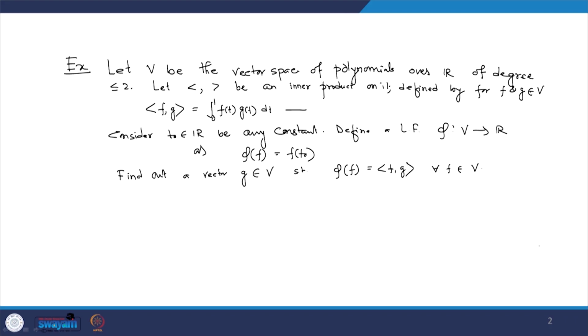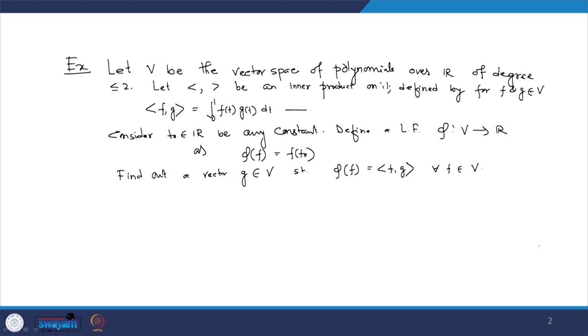For a fixed real number t naught belonging to R, which is constant, let me define a linear functional phi from V to R as phi of f equal to the function value at t naught.